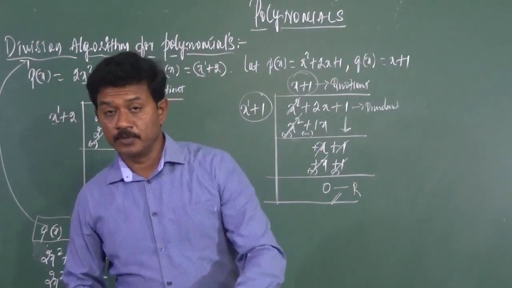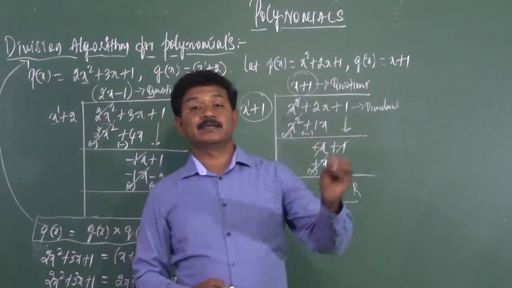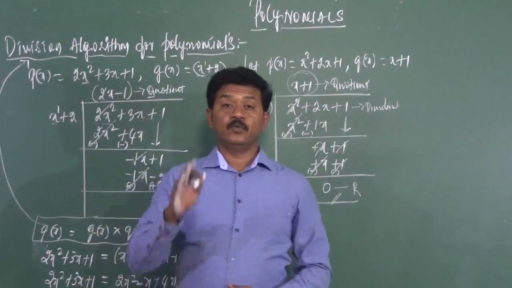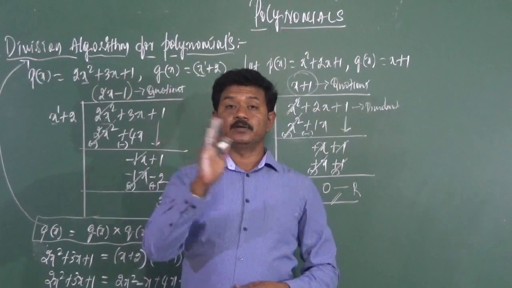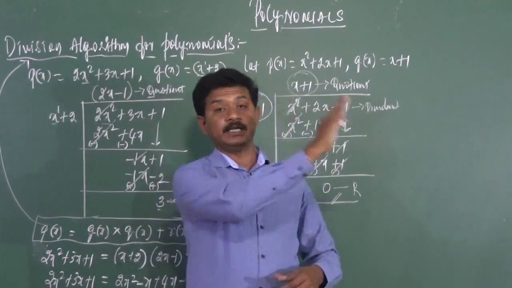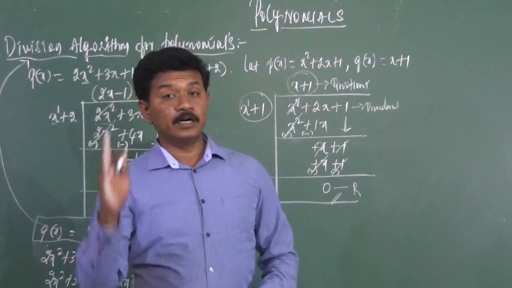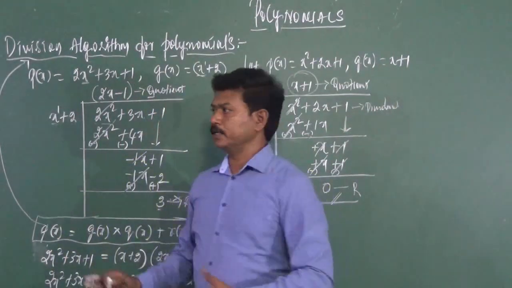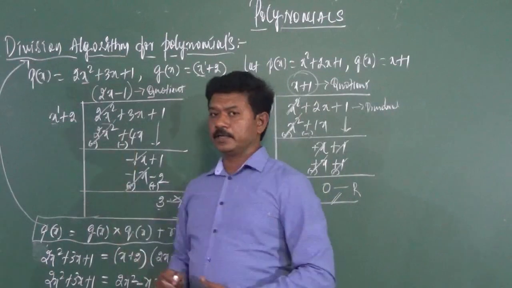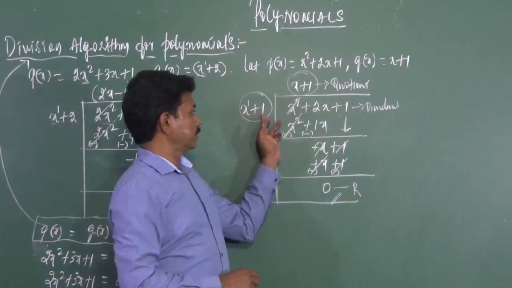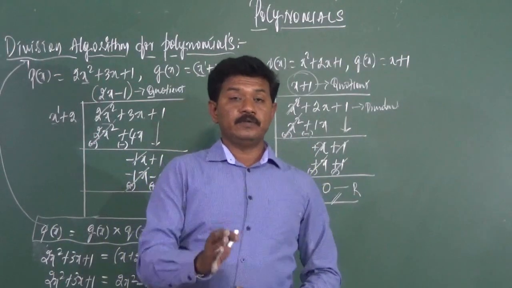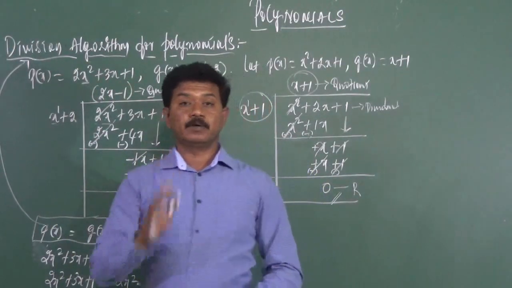The method I am going to teach you to find the remainder directly without doing long division applies only for those 2 polynomials where p of x can have any degree, but g of x should compulsorily be a linear polynomial. You can observe here, this is a linear polynomial I have taken, and here also I have taken a linear polynomial. So this trick applies only when the divisor is a linear polynomial.